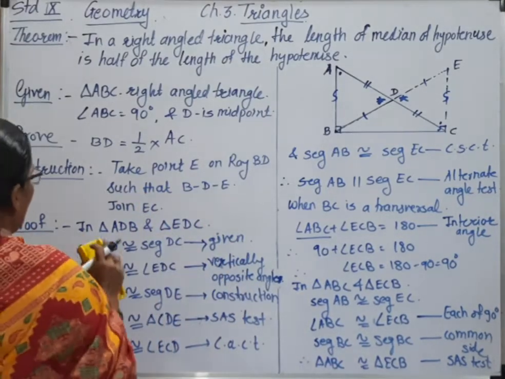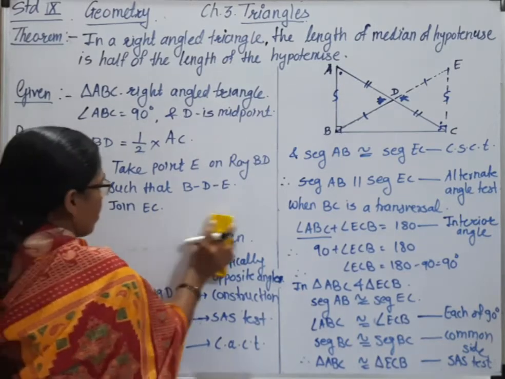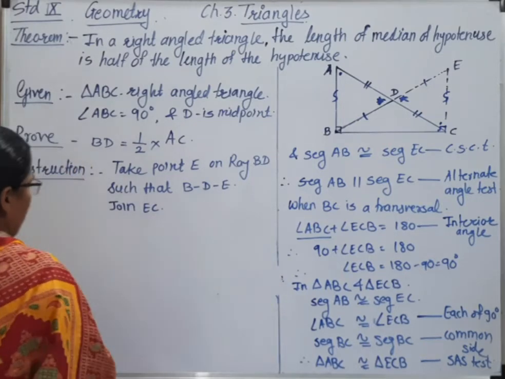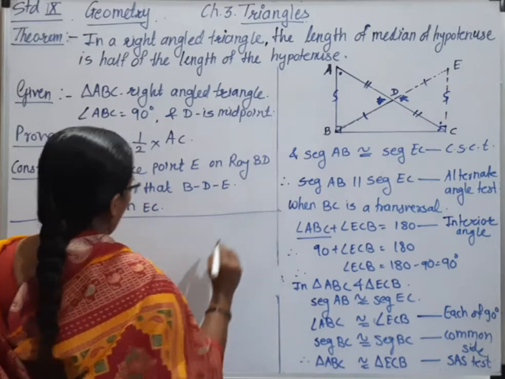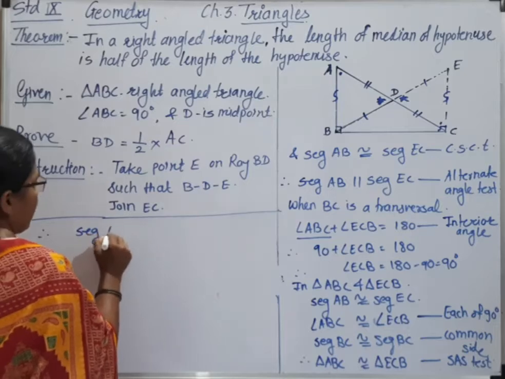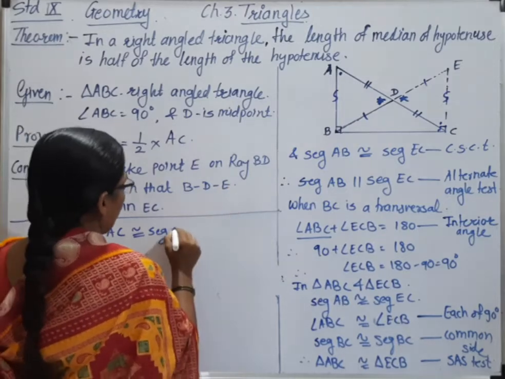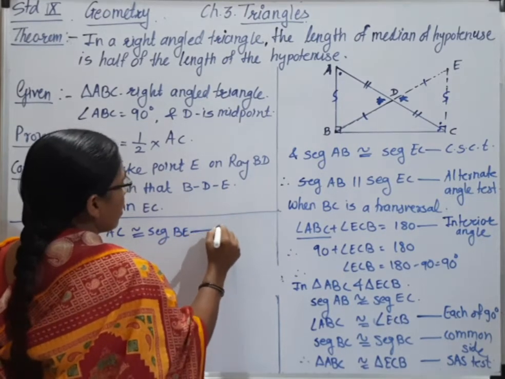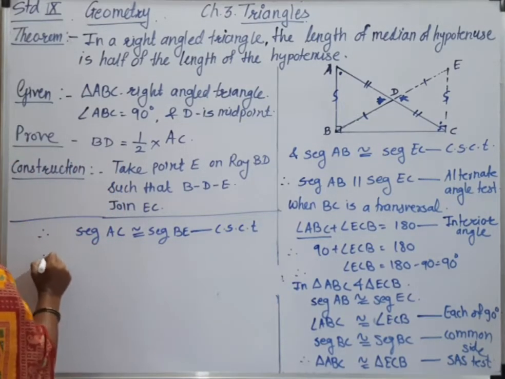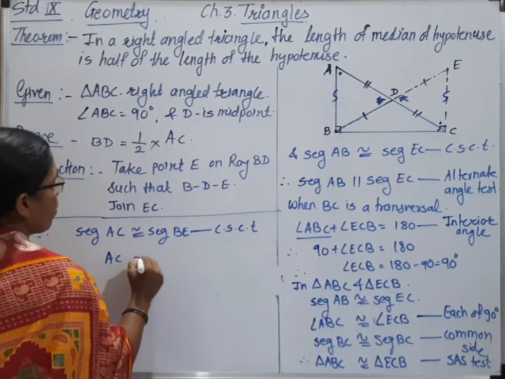So we can write here, therefore segment AC is congruent to segment BE. The reason is CSCT, corresponding sides of congruent triangles, and therefore AC is equal to BE.